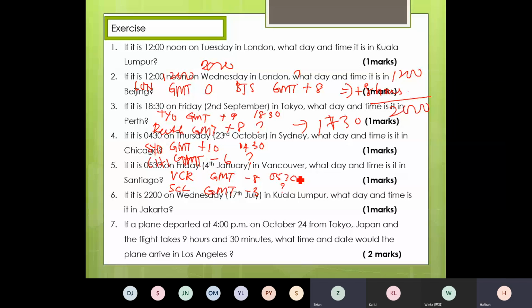9:30, 24 October. 9:30? So the difference is 17 hours, right? Correct or not? Yes. And then what do you do after that?